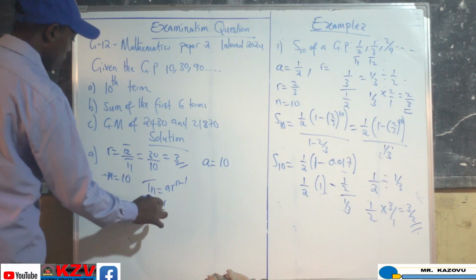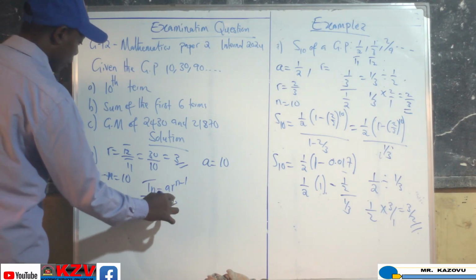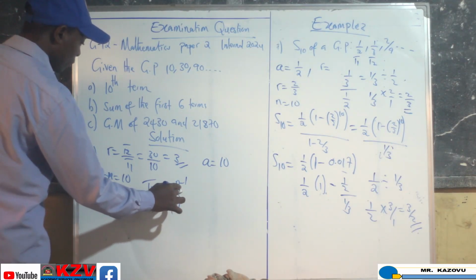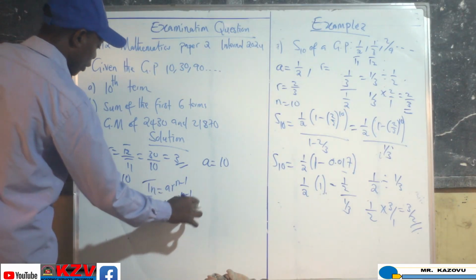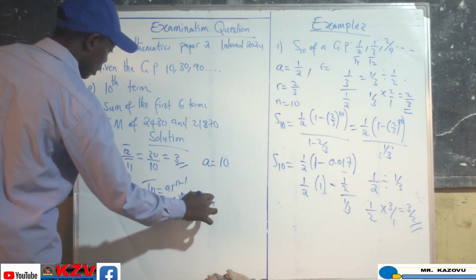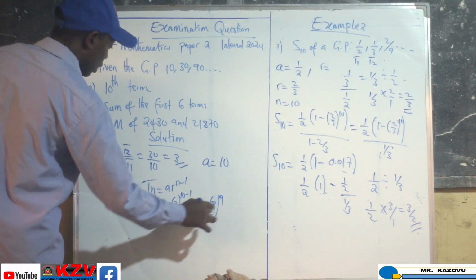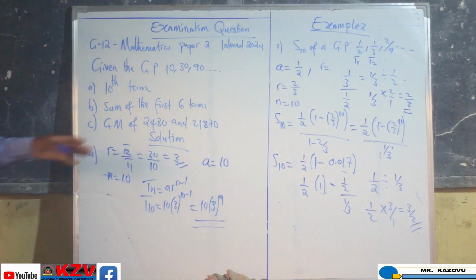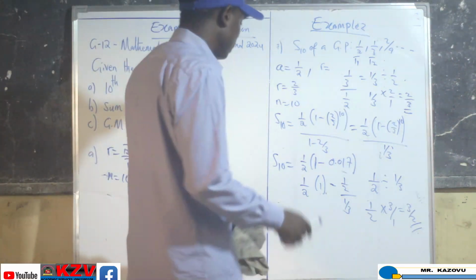T10 is equal to 10, and R is 3, to the power 10 minus 1. So you have 10 and then 3 to the power 9. If you want, you can find that using 3 to the power 9. What are you getting? Yes, 3 to the power 9 times 10. That's the answer.